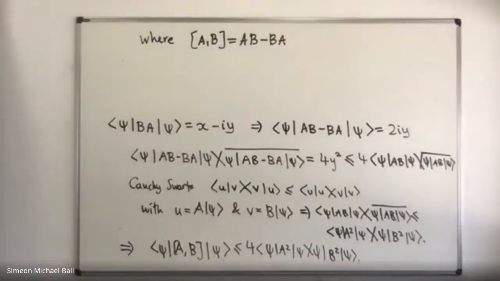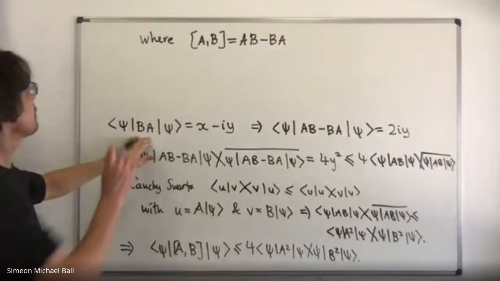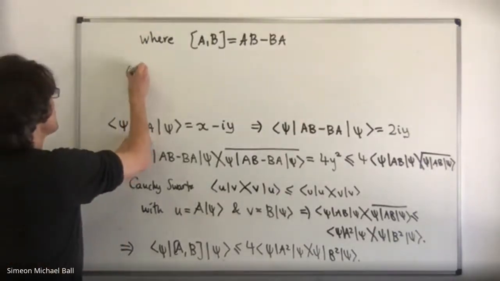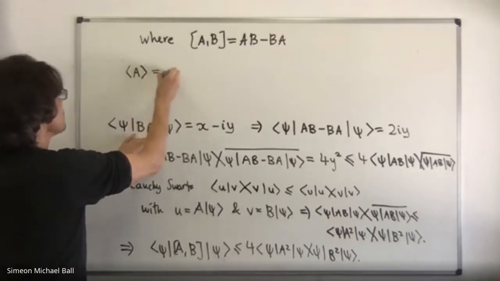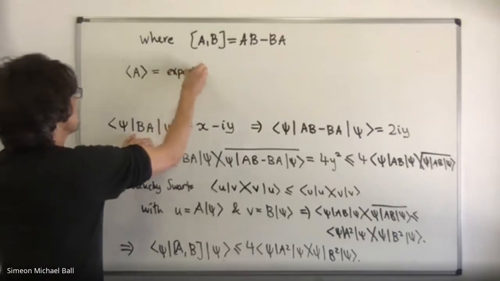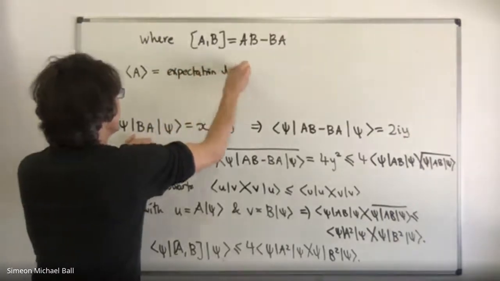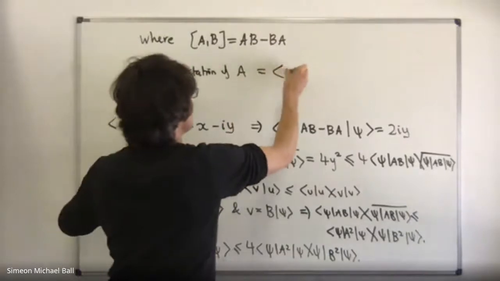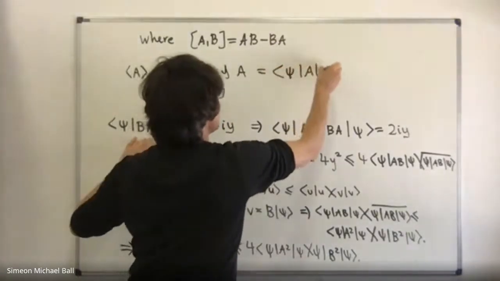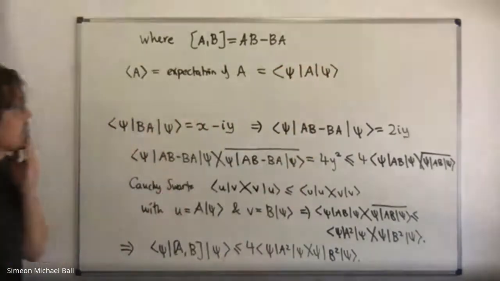Now that is basically the inequality we want. We just have to do a little recalibration of our Hermitian operators A and B. So just recall, this was the average of A. Yeah, so this was the expectation for a fixed state psi.